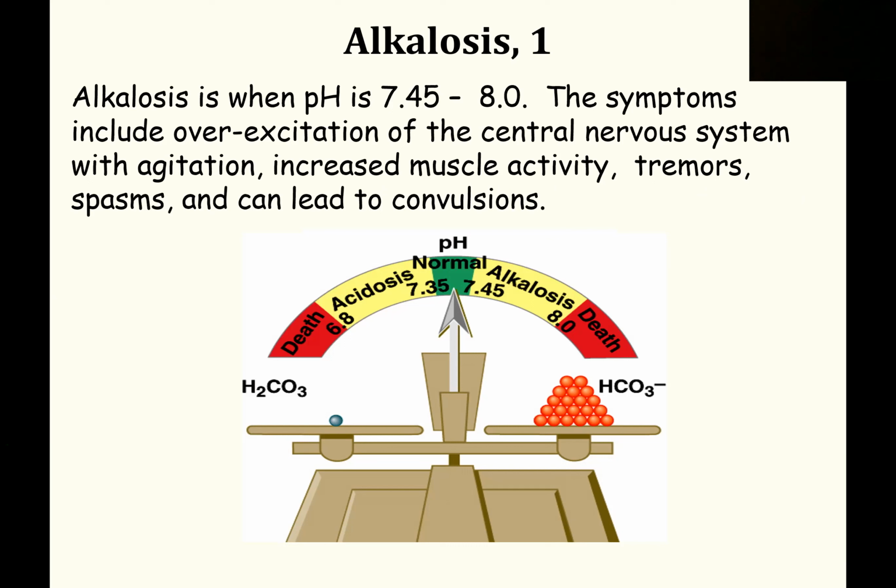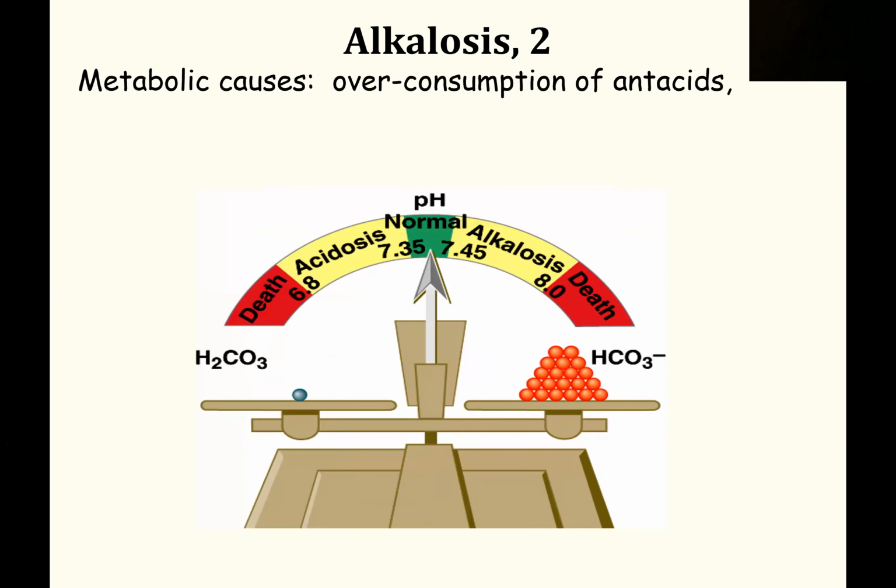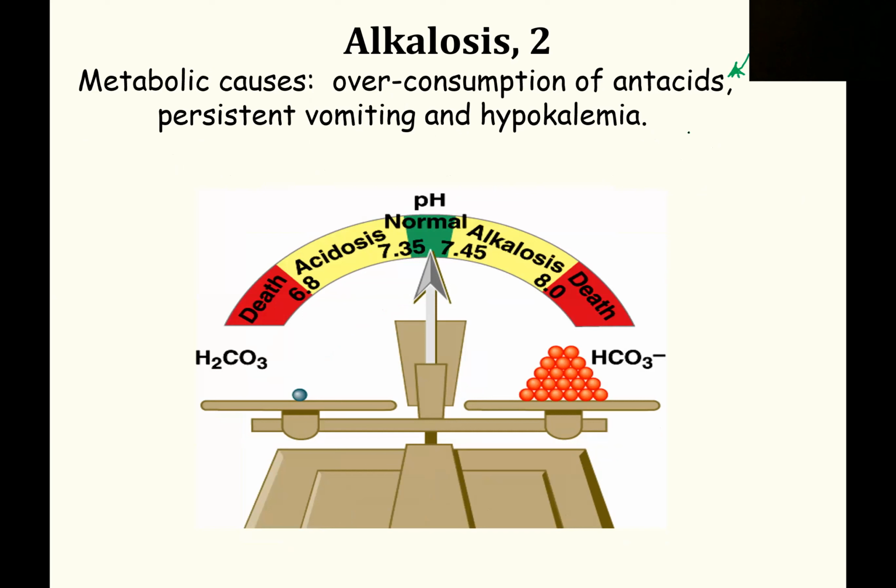We also divide the causes into respiratory and metabolic. Metabolic causes include overconsumption of antacids, persistent vomiting, and hypokalemia. So, drinking a bottle of Maalox, eating a box of baking soda is not good for you.